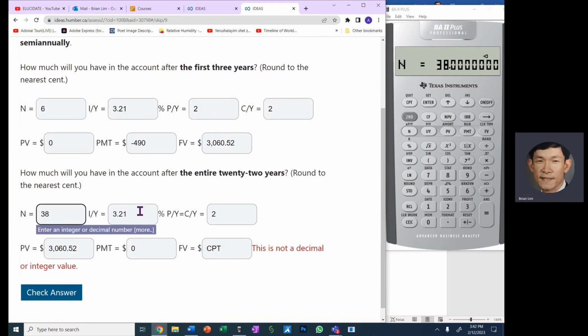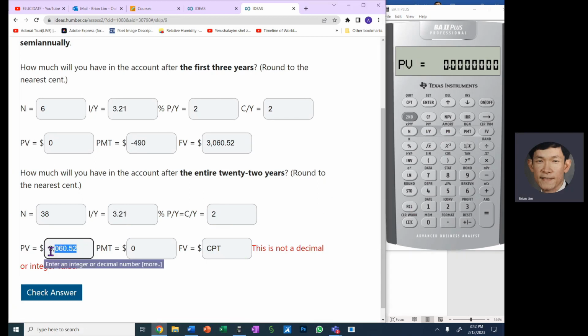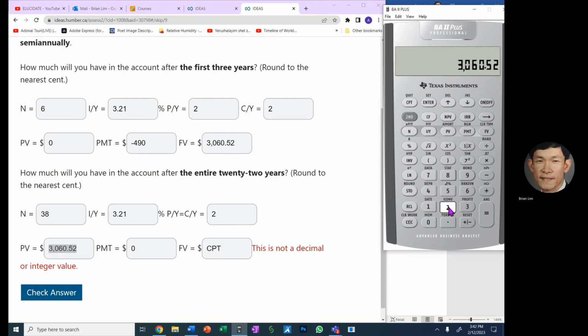Right, now the interest rate remains the same, so if you recall that, we get 3.21. Now the present value is what we have to change to this number, 3,060.52, and we can put it in present value. Right, so 0 for the payment.